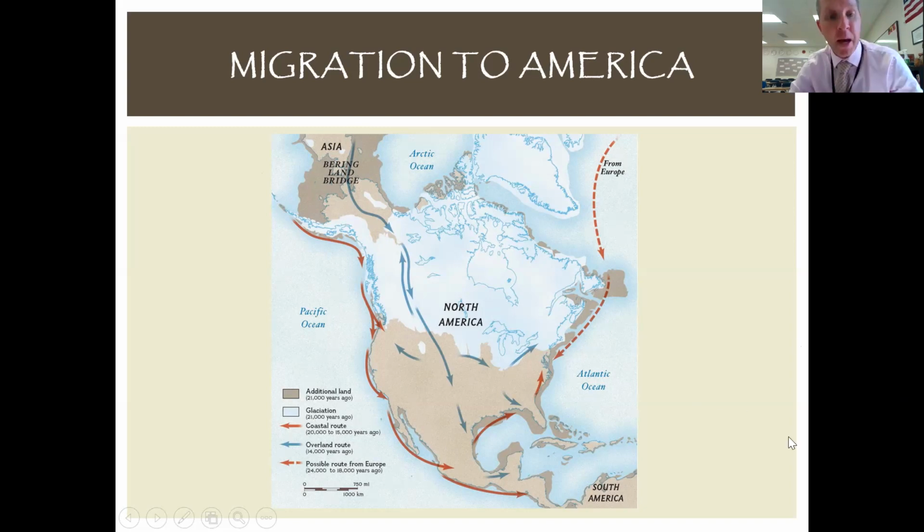This migration pattern to America probably explains a large portion of our ancient Americans, but possibly and potentially not all, which they estimated could have come from several different directions, from the east as well. So our most ancient Native Americans likely came this direction and dispersed their population throughout.